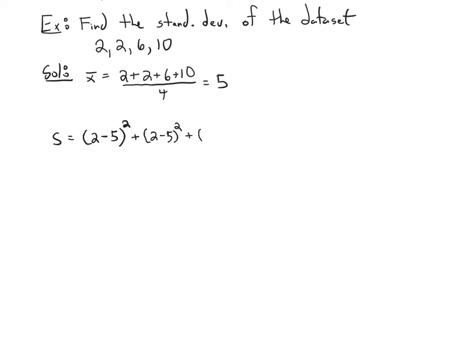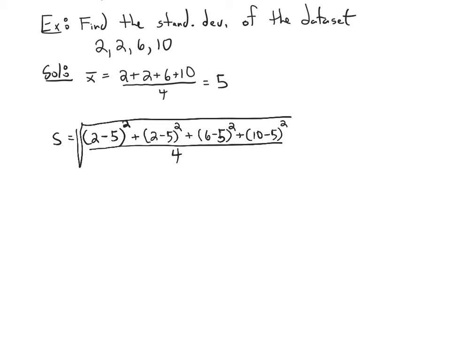We have a 6: 6 minus 5 squared, plus 10 minus 5 squared. So we calculate those. We divide by the number of data points. There are 4 data points. And then at the end, we take the square root of everything.